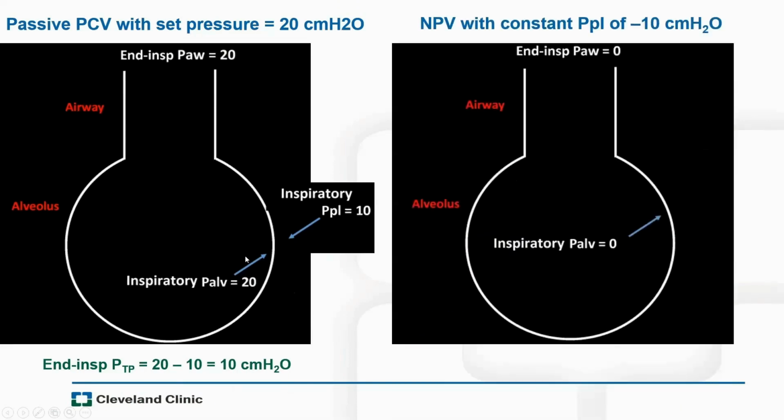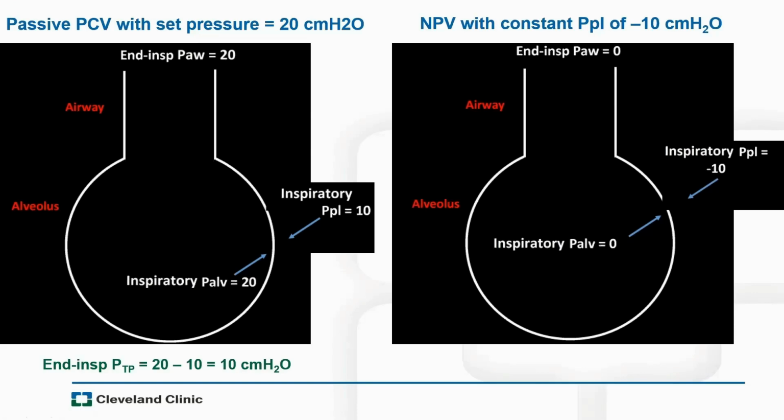And compare this to another patient, actually the same patient, say, who is breathing spontaneously and generates a pleural pressure of -10 during spontaneous breathing. This may not be intuitive initially, but at end-inspiration, when we breathe spontaneously, our alveoli are in direct connection to our mouth opening and hence the atmosphere.